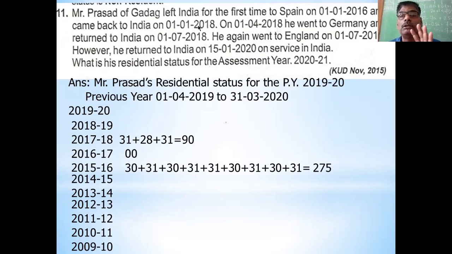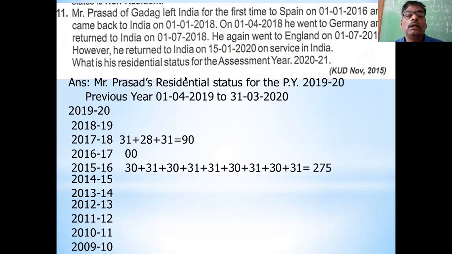December 2017, he is not in India. He returned on 1st January 2018. So, January 31 days he is in India, February 28 days, March 31 days. 90 days he is in India from this date. Okay, 17-18. March completed. On 1/4/2018, he went to Germany.